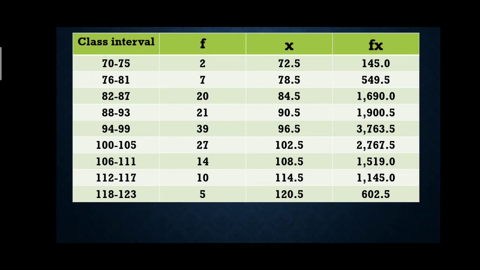Or 73 plus 74 divided by 2. Or 72 plus 73 divided by 2 is equal to 72.5. So we have 3 ways on how to get the class mark.